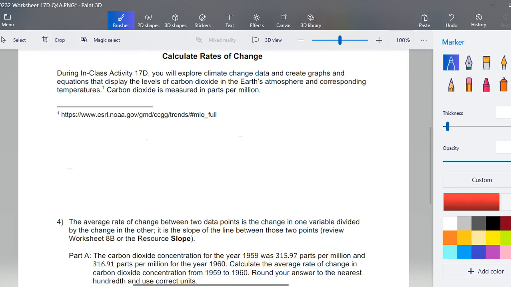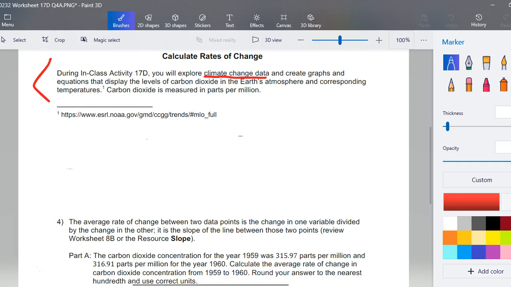In addition to talking about R and R squared, you're going to need to be able to calculate rates of change. During the in-class activity 17D, you are going to explore climate change data. And you're going to create graphs and equations that display the levels of carbon dioxide in the Earth's atmosphere and corresponding temperatures.